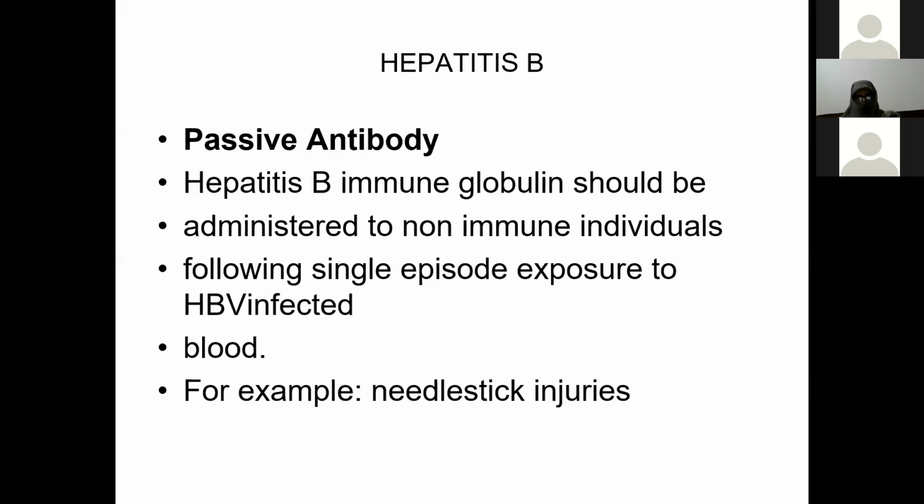Passive immunity. ठीक है, passive immunity क्या चीज होती है? Hepatitis passive immunity का मतलब ये होता है कि जिसको कि हम formed antibodies inject कर रहे हैं into the patient.